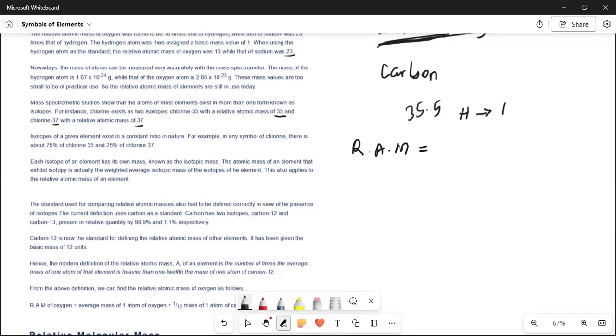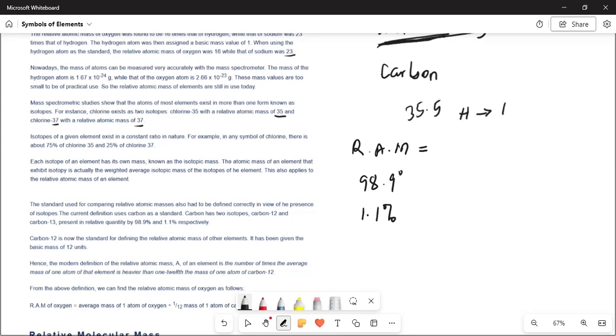The current definition uses carbon-12 as a standard because carbon has two isotopes, carbon-12 and carbon-13, present in relative quantities: 98.9% is carbon-12, and the other one, carbon-13, is 1.1%. So in any sample of carbon, carbon-12 is the most abundant in nature, and the other one is 1.1%. So carbon-12 is now the standard for defining the relative atomic mass of other elements. It has been given the mass of 12 units.